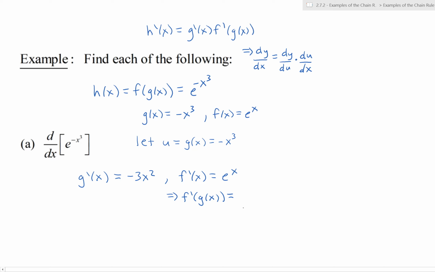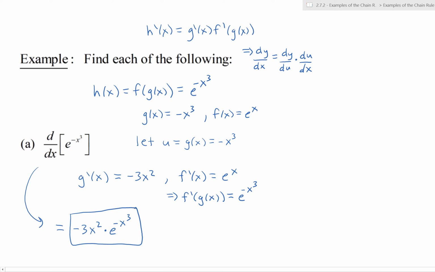So f prime of g of x is e to the negative x cubed. Thus, this derivative is going to be equal to g prime of x times f prime of g of x, which is negative 3x squared, there's our g prime of x, times e to the negative x cubed, which is our f prime of g of x. So that's one such way of approaching it.